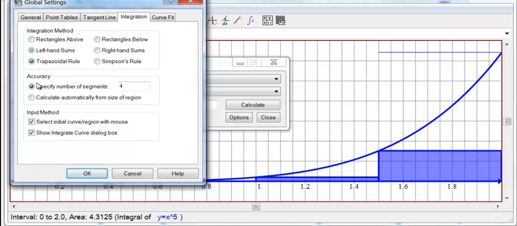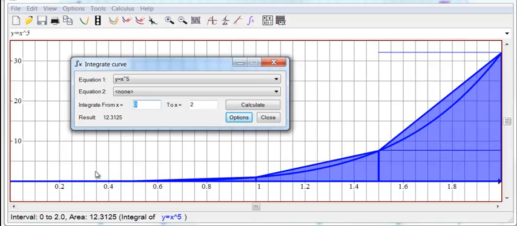I can select trapezoid rule 4. Rather than drawing it as the heights of rectangles with the height being halfway between left and right, it's going to actually draw it as trapezoids, right trapezoids. So here we have a right trapezoid, here's another one, here's another one.